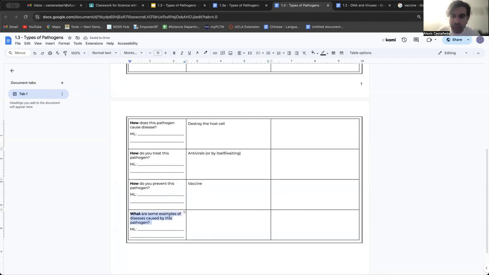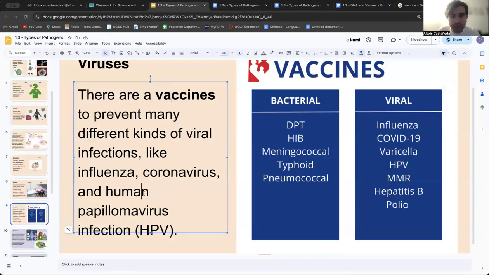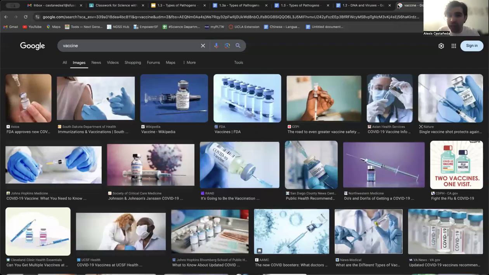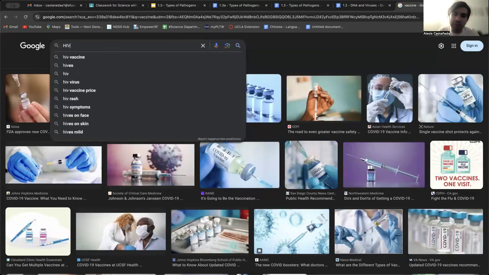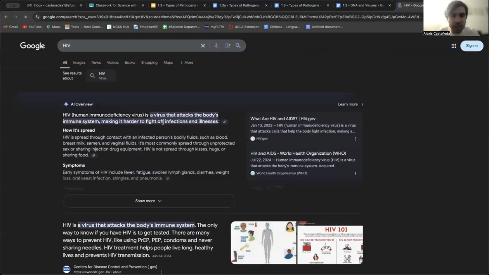What are some examples of viruses? You may already know some examples, but here are some others. Like influenza, coronavirus, HPV. These are different kinds of diseases you may have learned about before. You can look these up too if you don't know about them, or you can look up other viruses. Another form of virus, not very common, is HIV. HIV is a sexually transmitted disease, and it can cause you to become really sick.